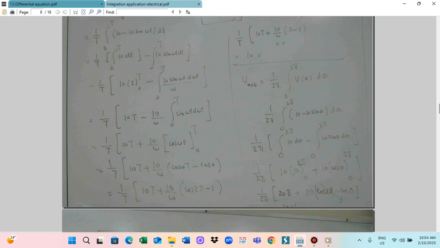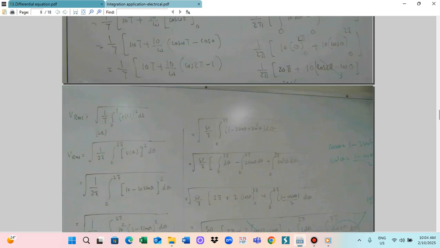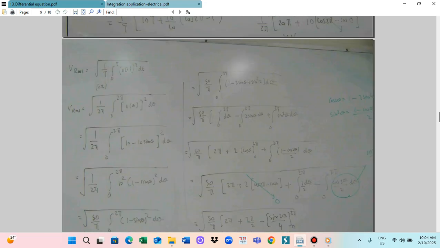So VRMS, we can also use two equations. One equation is the square root of 1 by T, integration 0 to T, v(t) square dt.